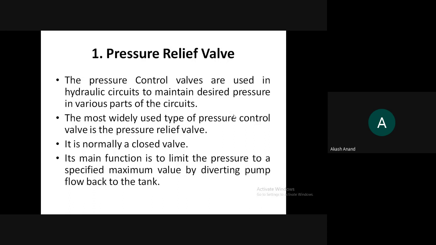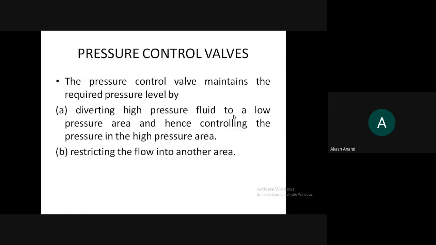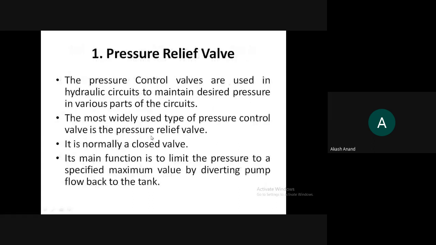You can see the first principle being used here: its main function is to limit the pressure, that is, to control the increasing nature of pressure. That is the purpose of this type of valve, to limit to a specified maximum value by diverting the pump flow back to the tank.